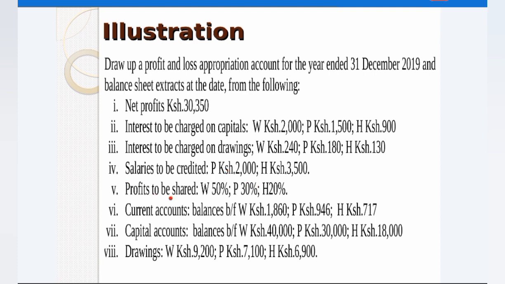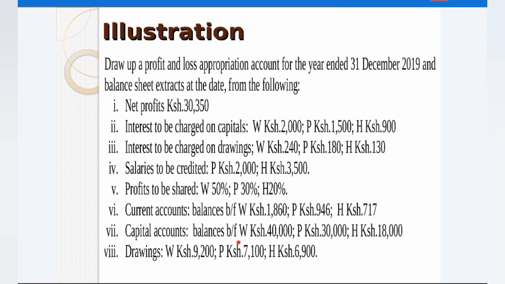Then profits to be shared. W to get 50%, P 30%, and H 20%. So the profit sharing ratio is 5 to 3 to 2. Then the balances in the current account, W 1,860, P 946, and H 717.